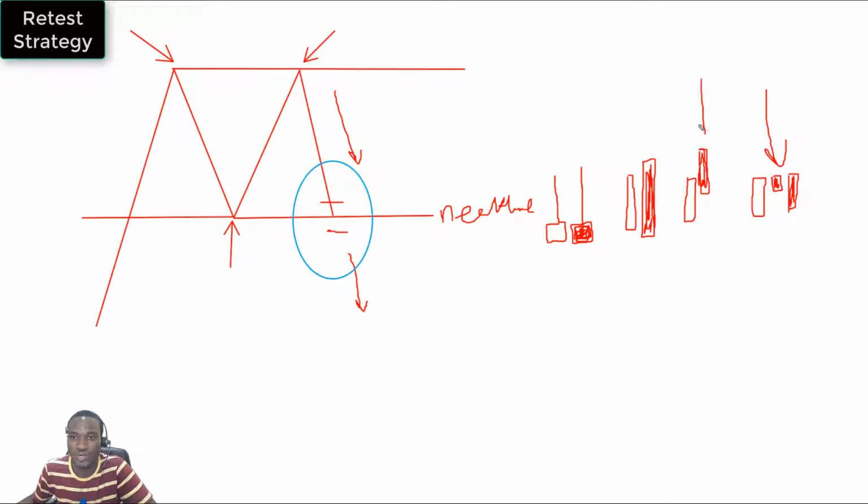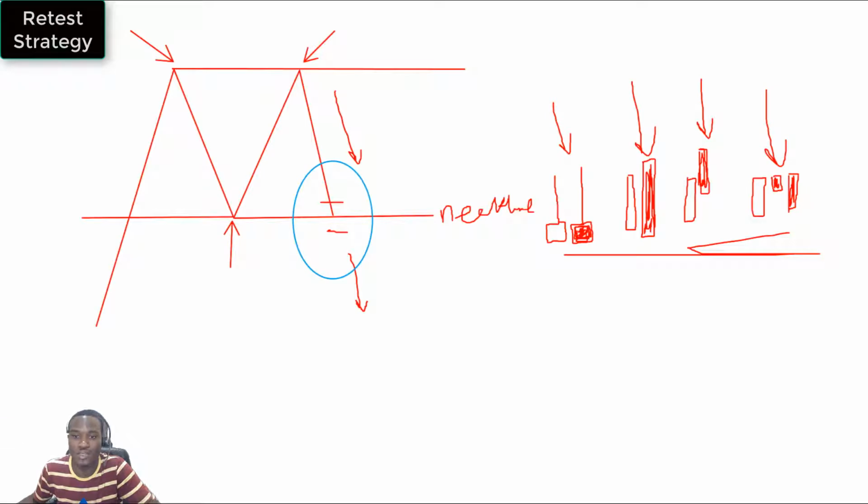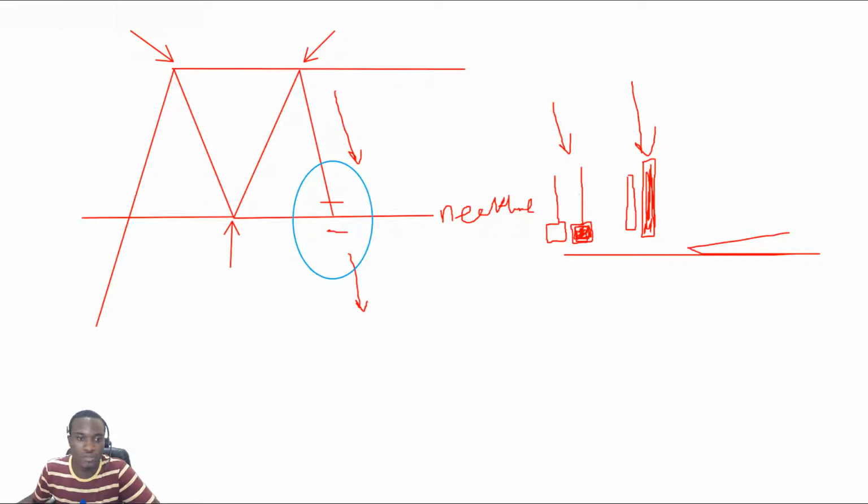So these are the price action signals you must look out for. Actually, there are a lot of these candle signals you can look out for at this zone. We have the evening star, but one of my favorite candles which I love to make use of at this zone is the pin bar, the rejection bar.